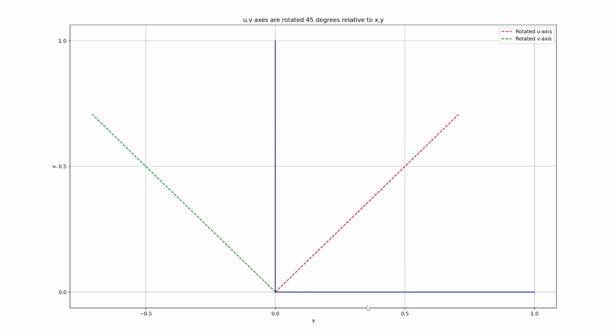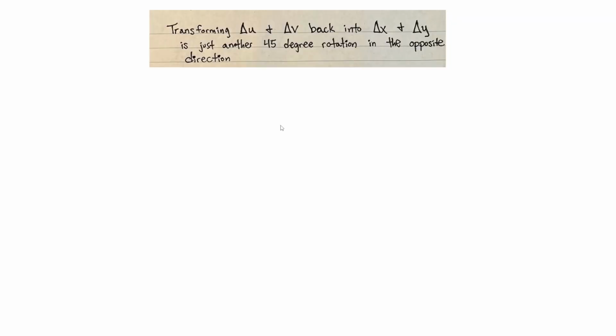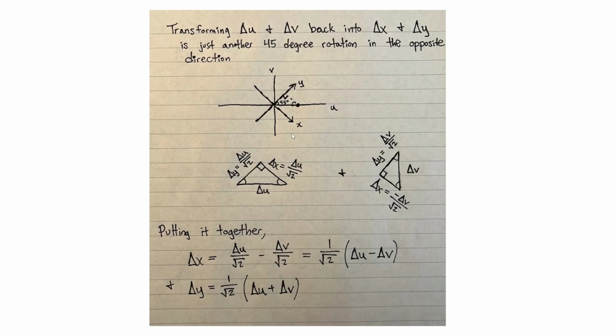Now we're going to rotate back down to get back to the X and Y axes. And that's what this page is really discussing. So if I have some delta U right here, I can break that down and I can see what the corresponding change in X and Y is for that delta U. And I can do the same thing for a delta V.